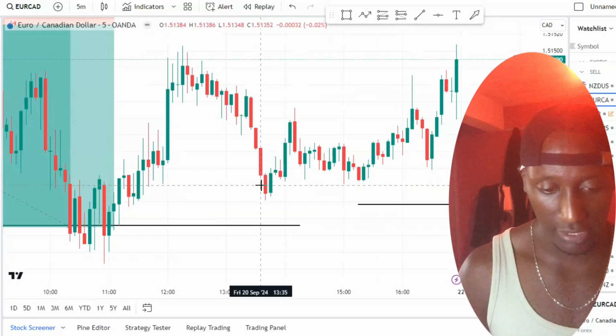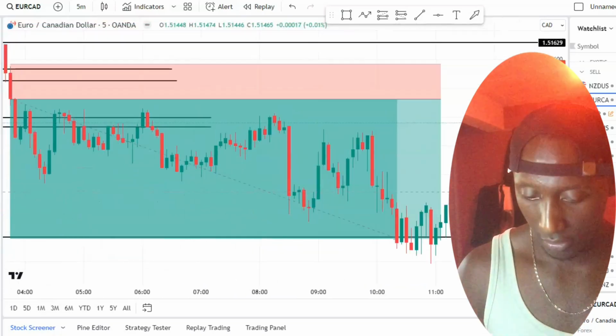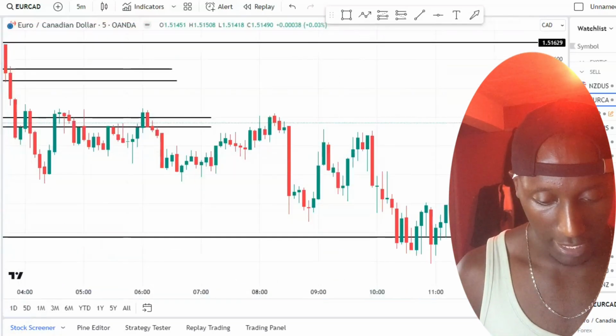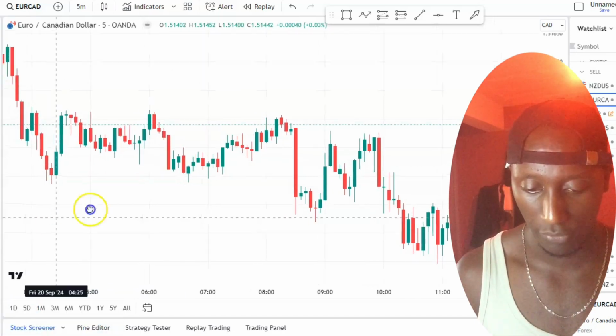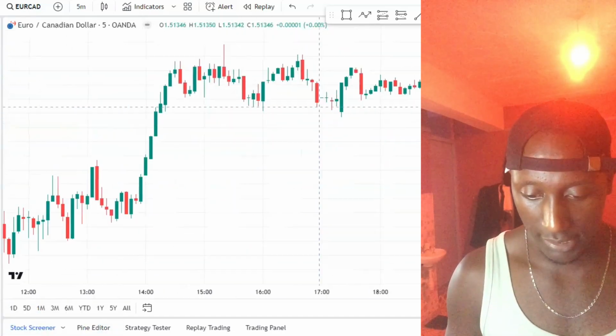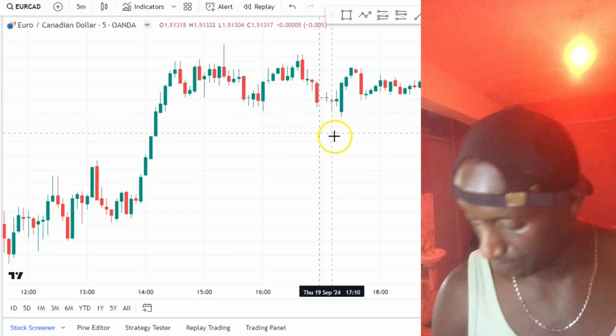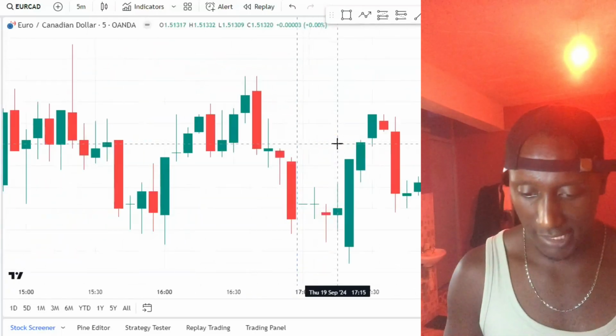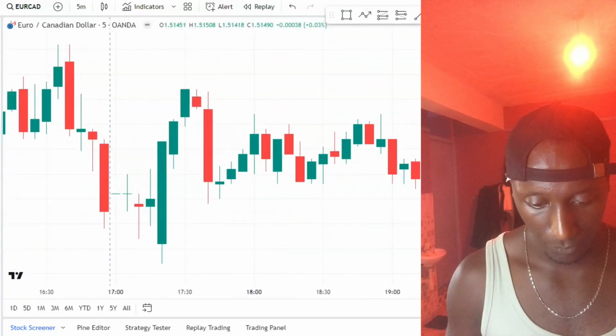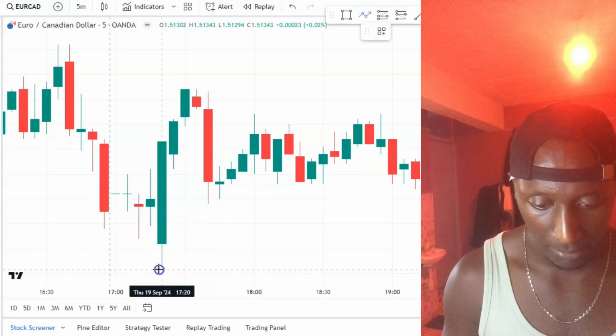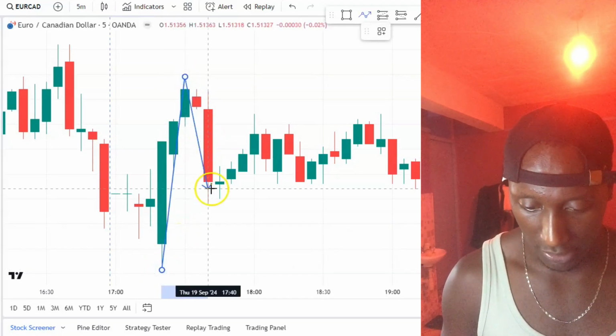Now, if we use the example of EURCAD, let's delete everything and just start from the open of the day. This line here represents the open of the day. These 3 candles going up, it means that price went up. These 2 candles, price went down.